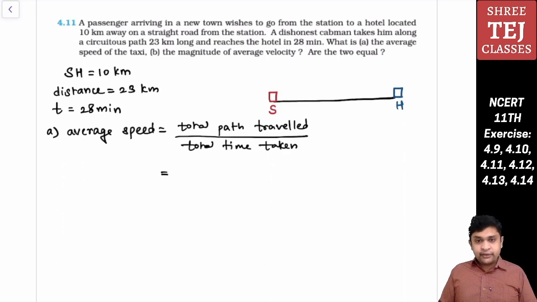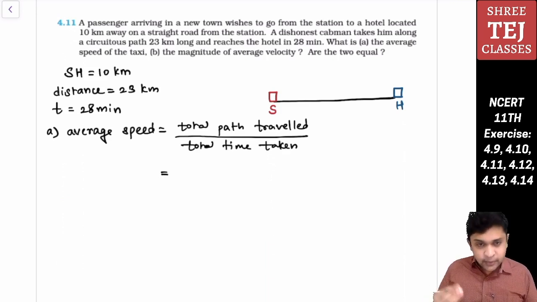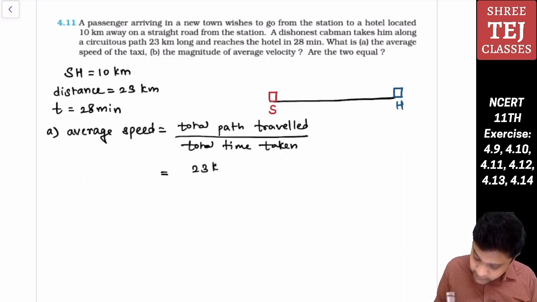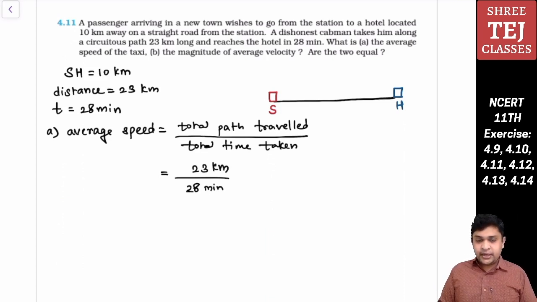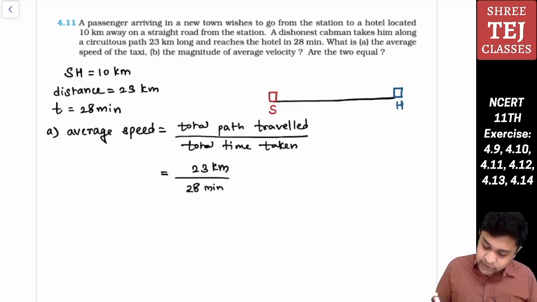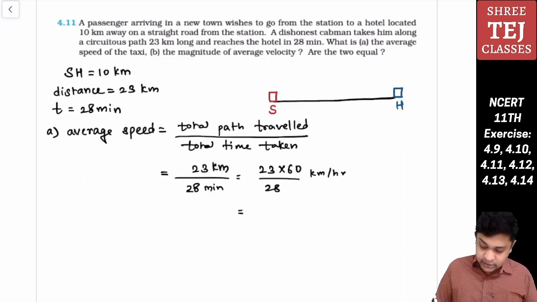So total path traveled is 23 kilometers and time is 28 minutes. So it is equal to 23 into 60 upon 28 kilometer per hour. Which is 7 threes are 21, 7 fives are 35, and so on.